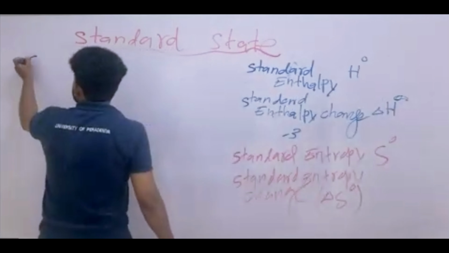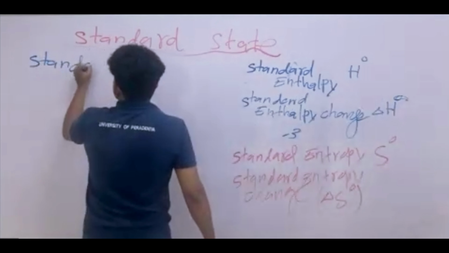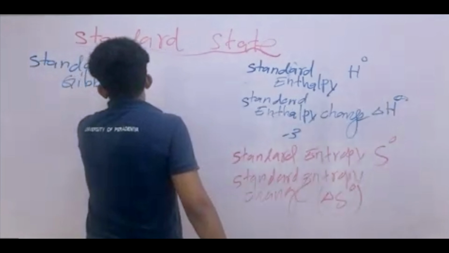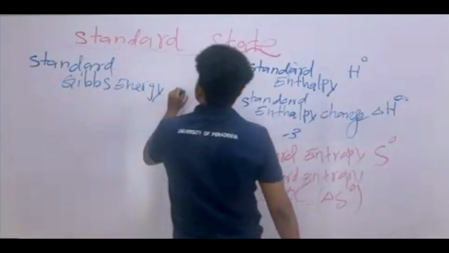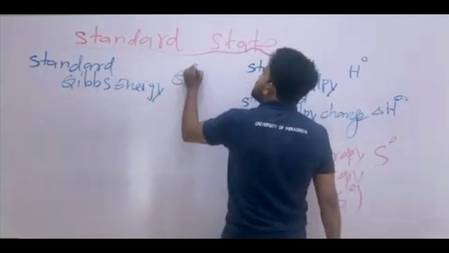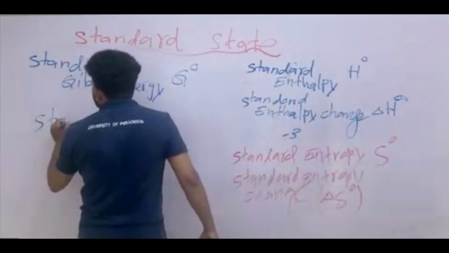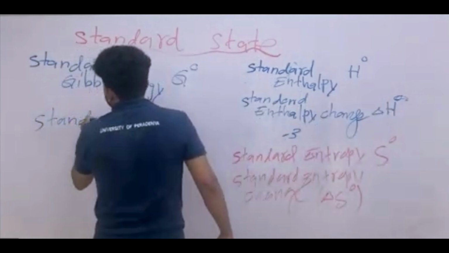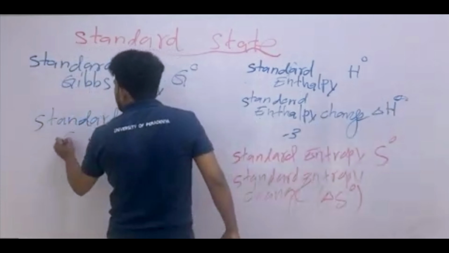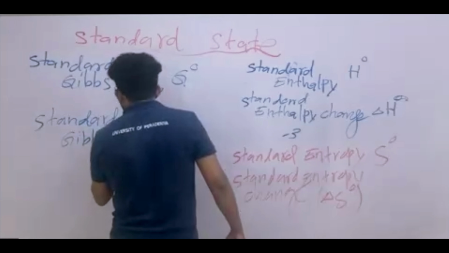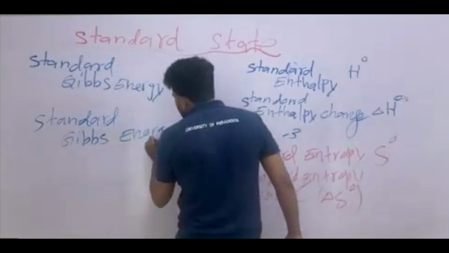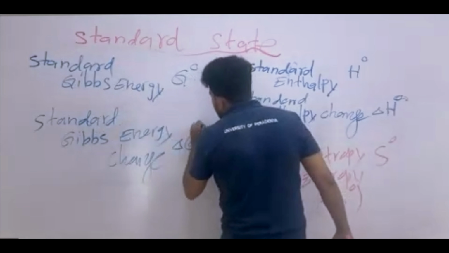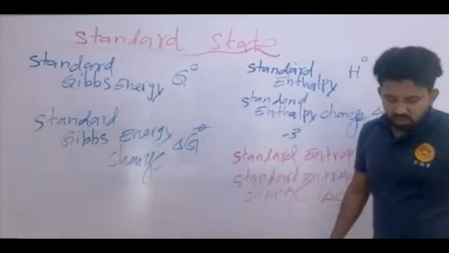And then standard Gibbs energy is G naught, and standard Gibbs energy change is delta G naught. Those are the things.